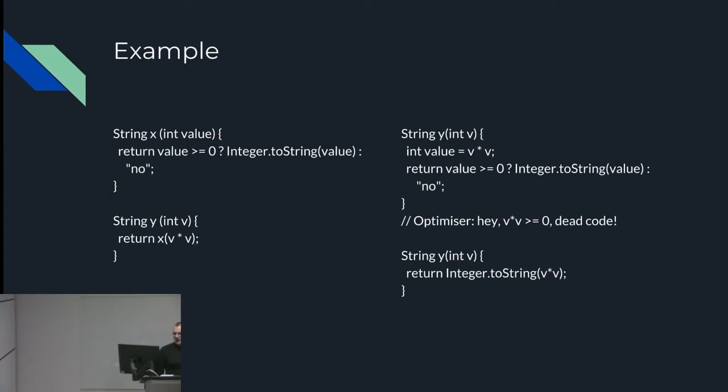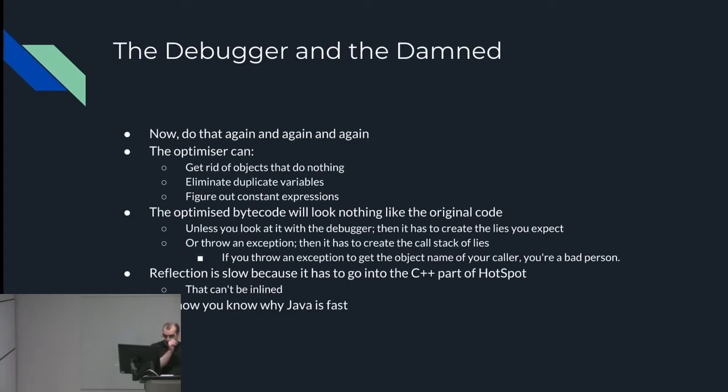And now the optimizer says, hey, v times v is always greater than or equal to 0. So I can just do dead code elimination, get rid of the branch, and now this thing just becomes convert the argument to a string using that method. Of course, the next step will be that method gets inlined. And it can just iteratively do this again and again and again to make it better.